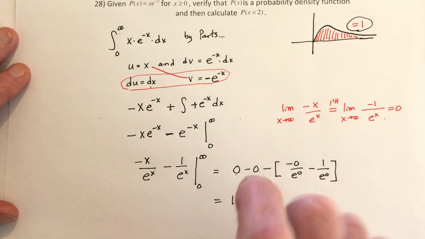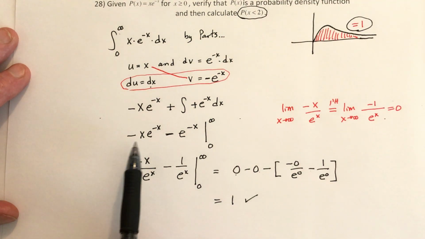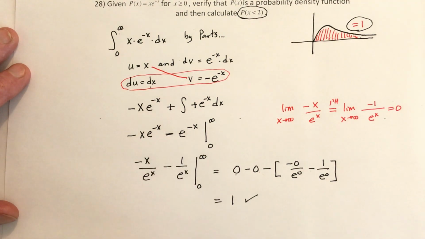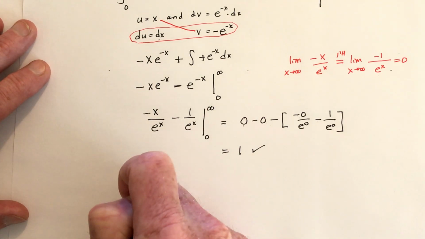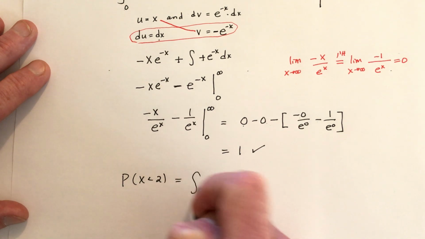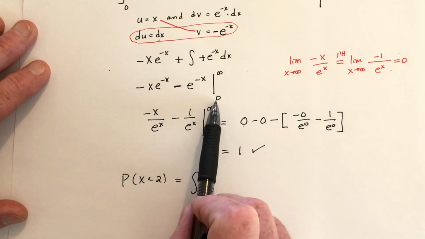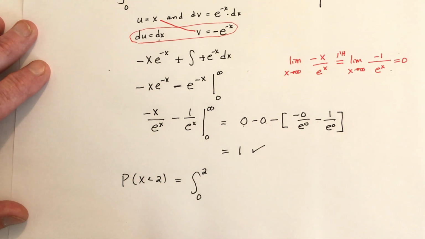Now the good news is, for the other part, it said find the probability that x is less than 2. But the good news is we already did the antiderivative, so that shouldn't take very long. So the probability that x is less than 2 means integrate. Well, this thing starts at 0, and then we're going up to 2.